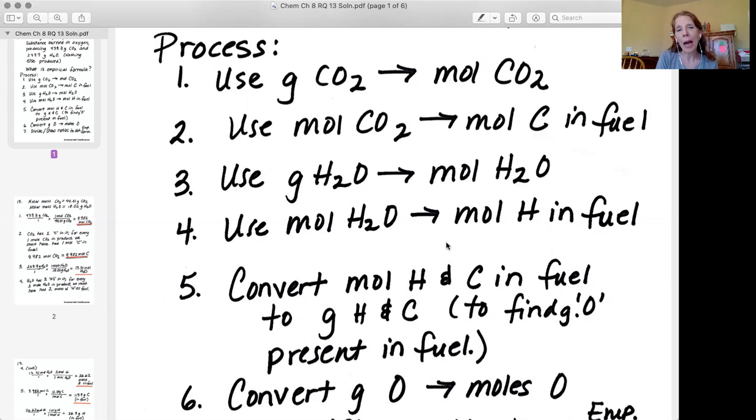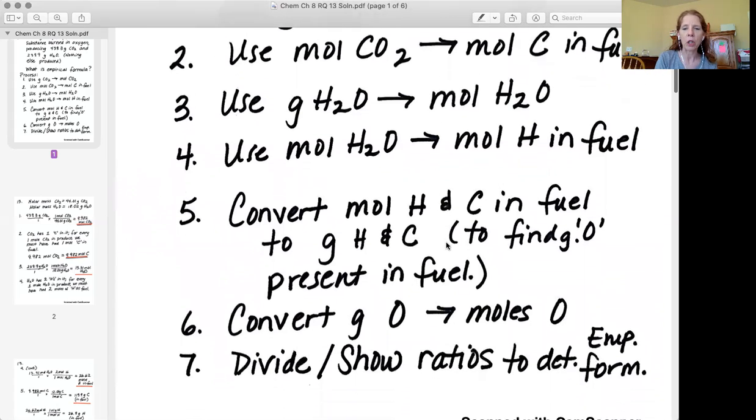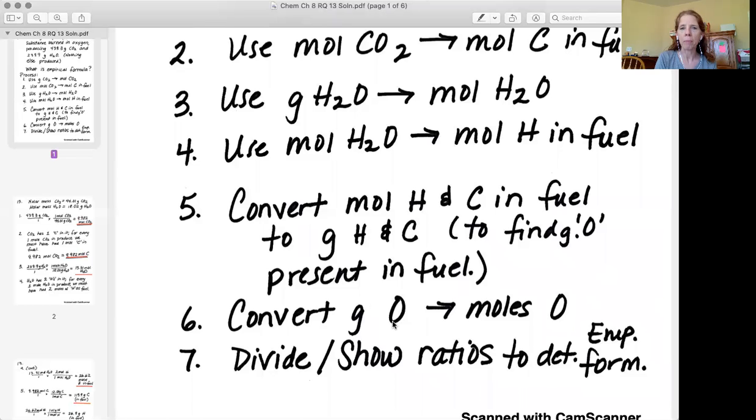If we subtract the carbon and hydrogen that we calculated were in the fuel, what we'll have left is the grams of oxygen in the fuel, which we will then convert to moles of oxygen in the fuel, and then we can compare ratios. I know that's a lot of information, we're going to step through it, but that's the process we're going to do to figure out the empirical formula, okay?